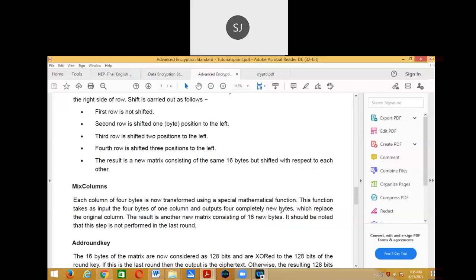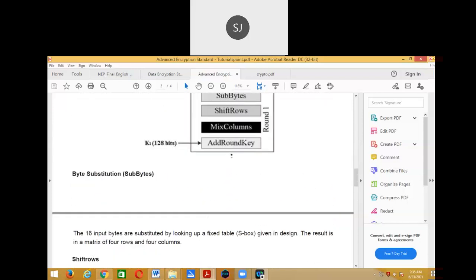So the first column may be moved to the third column, the third column to the second column, the second to the fourth column, and so on. Based on some mathematical function, these columns are shifted. Is it clear? That's what MixColumns is.